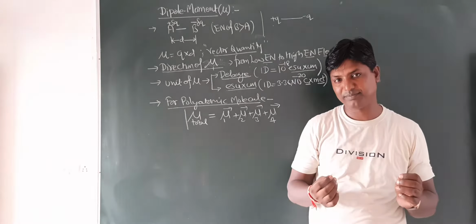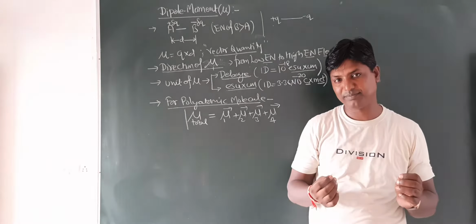For a polyatomic molecule, the total dipole moment, mu total or mu resultant, will be the vector sum of the other dipoles present in the polyatomic molecule. This can be calculated as mu1 plus mu2 plus mu3 plus mu4. So this is the formula.